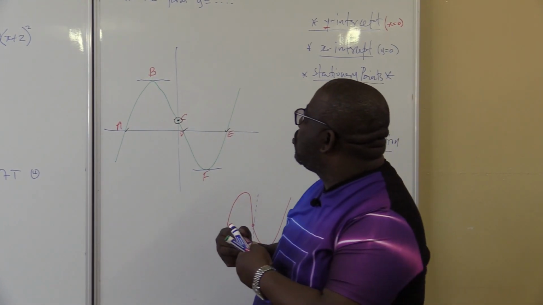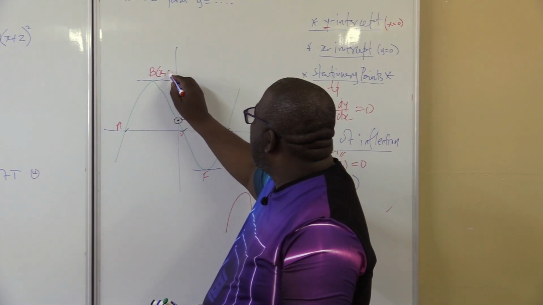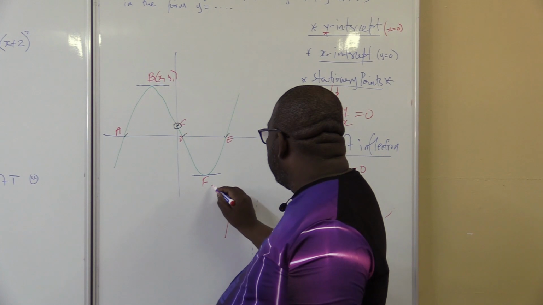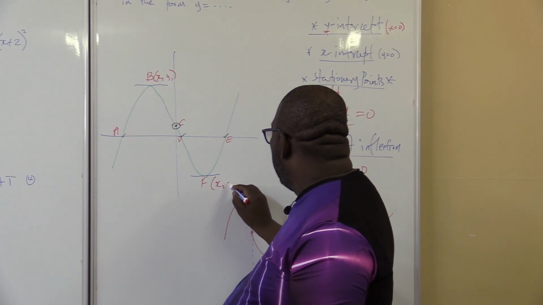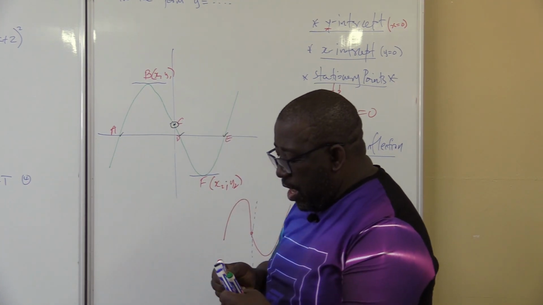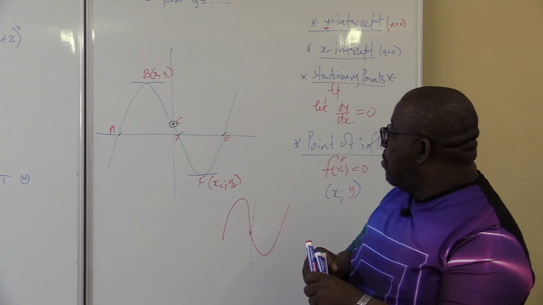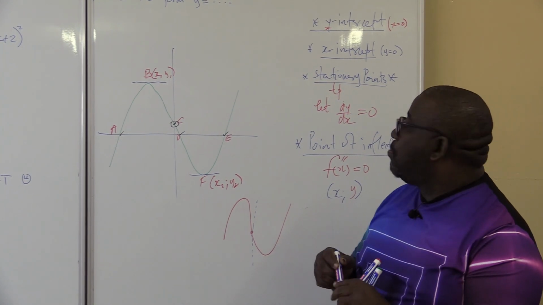Remember that there are 2 coordinates here. Let me call this x1 and y1. There are also coordinates here, x2 and y2. How do you find the point of inflection in another way, apart from finding the second derivative? This is what you must do. Watch here.